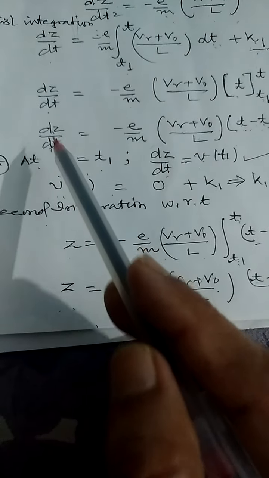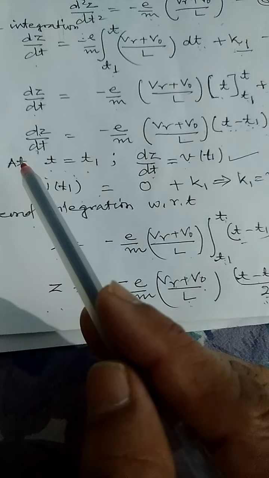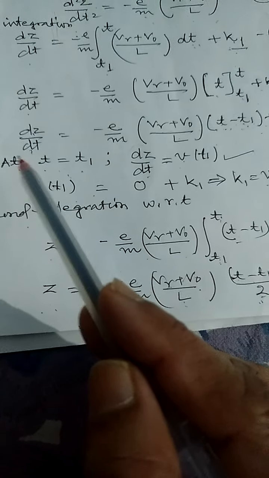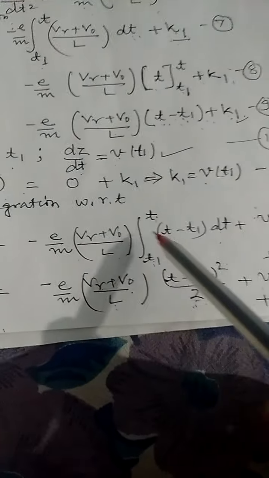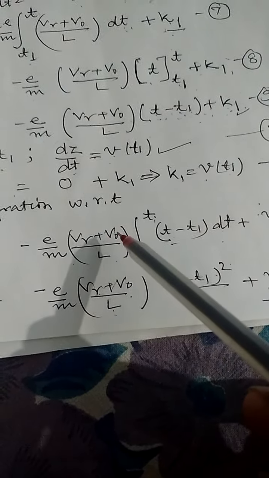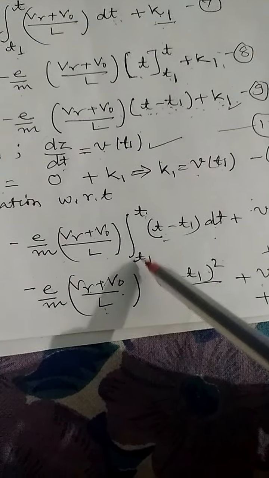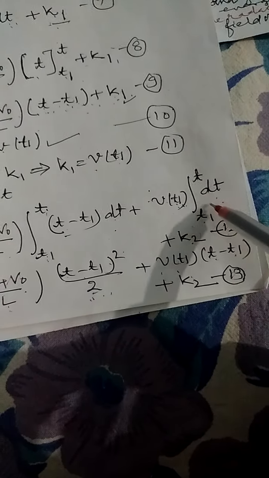So when we integrate this dz by dt with reference to t over the limit t1 to t, we get z, and on the right we get the integration of minus e by m, (vr plus v naught) divided by l, into (t minus t1) dt, plus v of t1 dt.